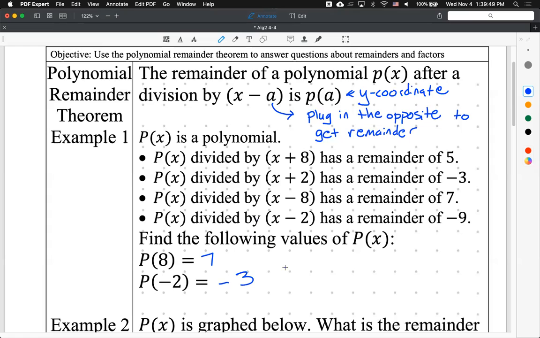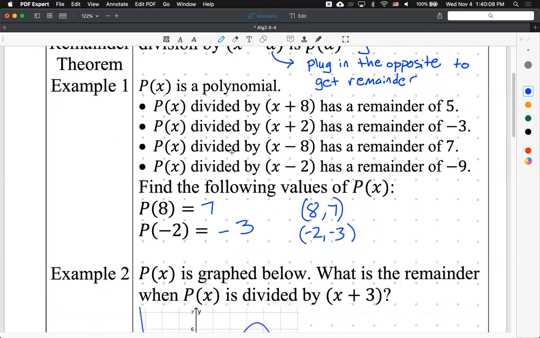So a way to interpret what you just wrote down here is that this point is on the graph. 8, 7 is a point of this polynomial P of x. I know that -2, -3 is a point on the graph of this polynomial that I don't even know what it is. There's a lot of information gained here.